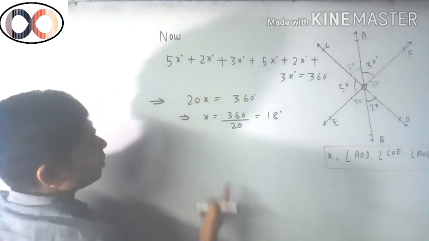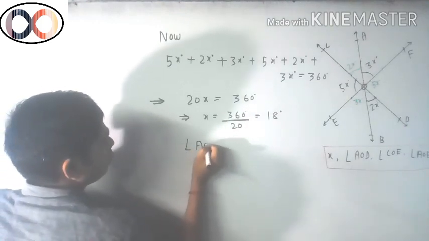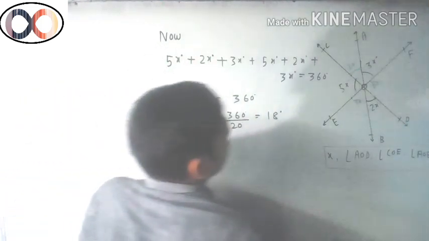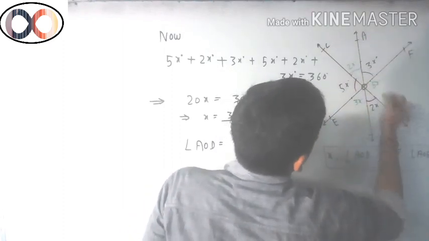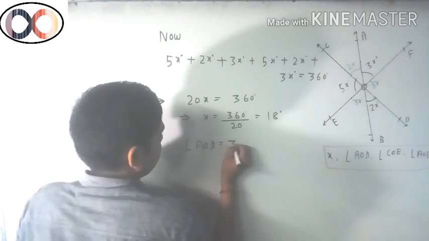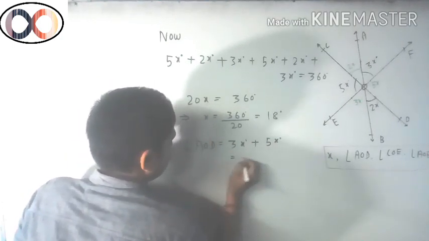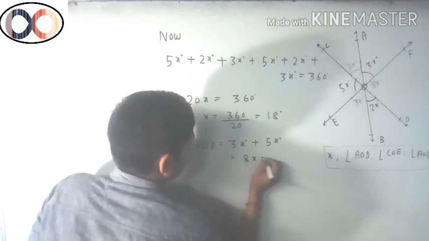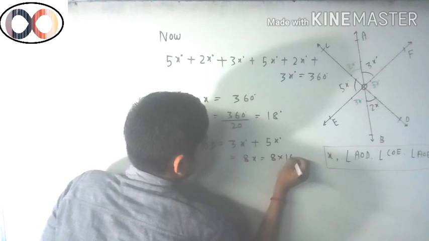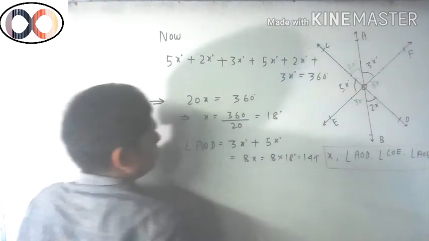This is the value of x, and we need to find AOD. AOD means 3x plus 5x, which equals 8x, and 8 times 18 is 144 degrees.